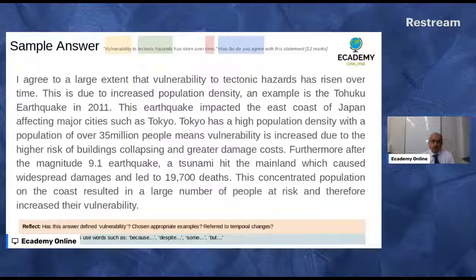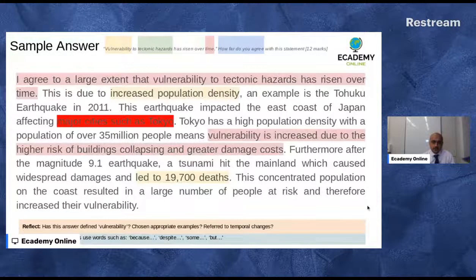Okay, so let's break this down, guys. Let's go through it together. So here's the bits that I've highlighted. The first sentence: I agree to a large extent that vulnerability to tectonic hazards has risen over time. Well, immediately I'm thinking, do I really need to read the rest of the answer, because you've already made a decision, right? Remember, you're demonstrating to the examiner, you're scaffolding the information, which will eventually lead to that outcome.